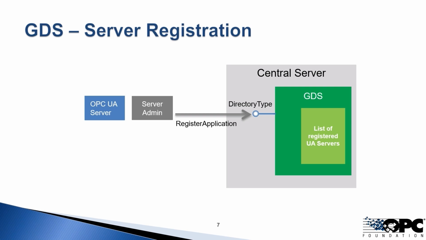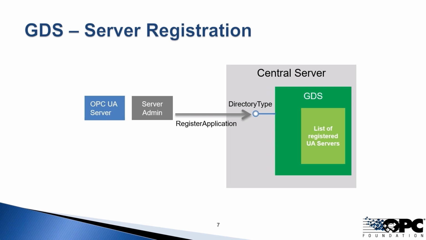So here, instead of seeing the OPC UA server register with the discovery server, as it does with the LDS in the ad hoc case, we see a server administrator, often using a separate administration app, to register the server on its behalf.